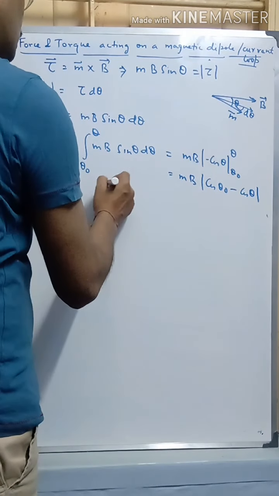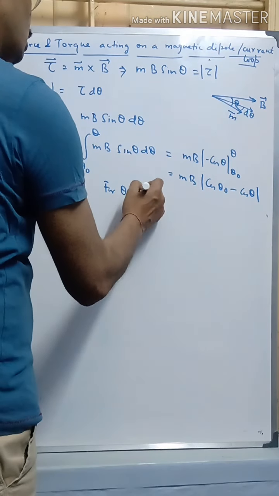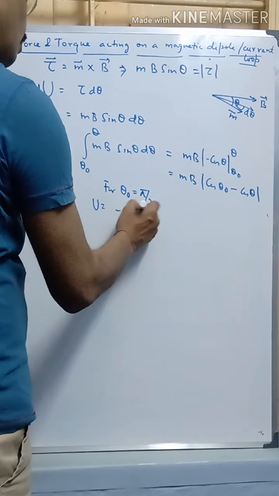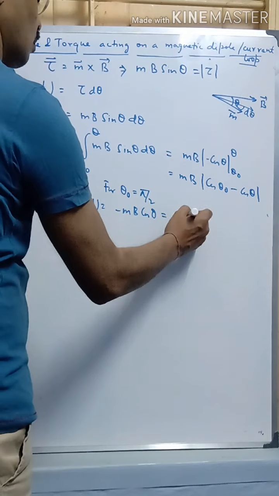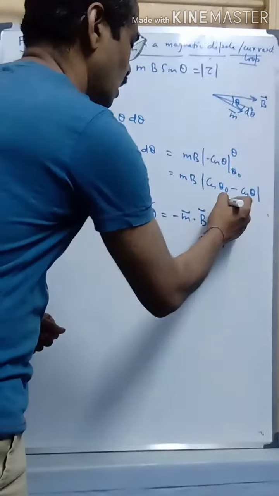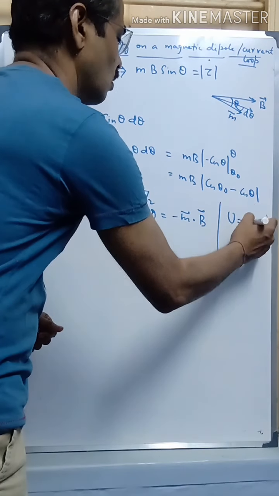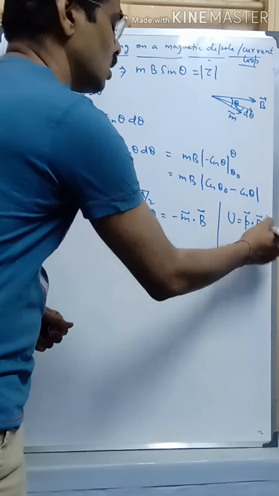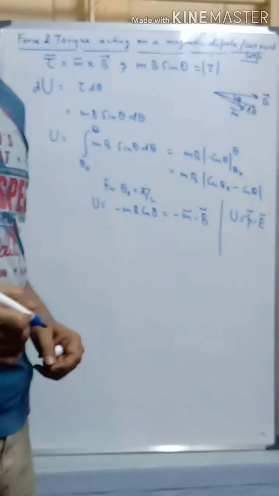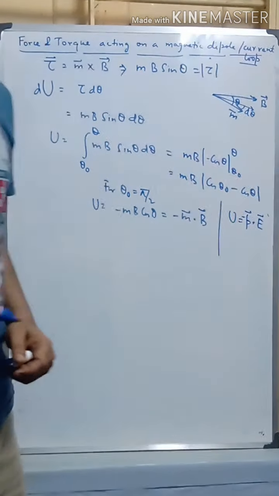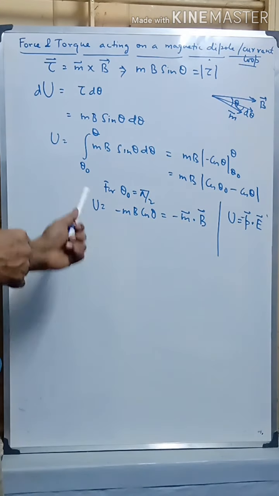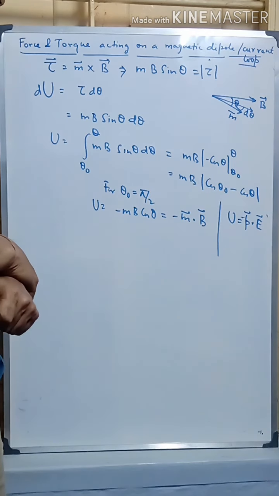And for the special case where the initial position theta 0 is pi by 2, it can be written as minus MB cos theta, which in vector form is minus M dot B, similar to the electrostatic case, where the potential energy was minus P dot E, with P the electric dipole moment and E the electric field. Similarly, we get minus M dot B as the potential energy associated with a dipole.